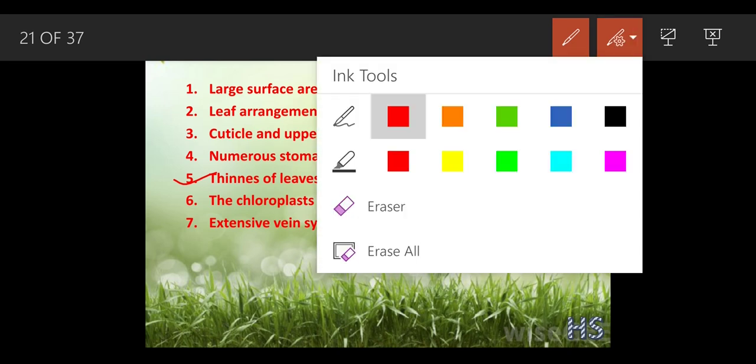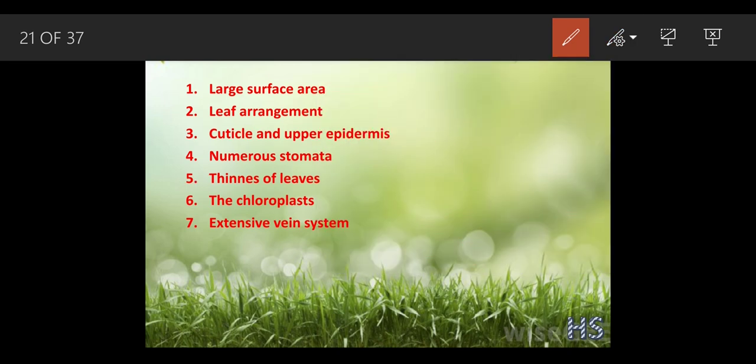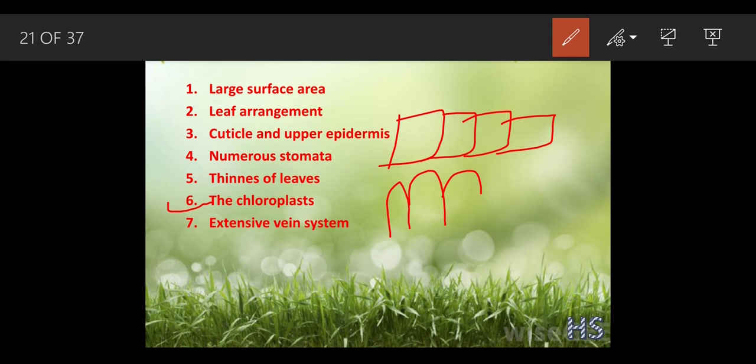The chloroplast. Where is the chloroplast located? We have discussed it many a time. This is the cuticle part and this is the palisade part. There is an epidermis also, but right now I'm not going into detail.